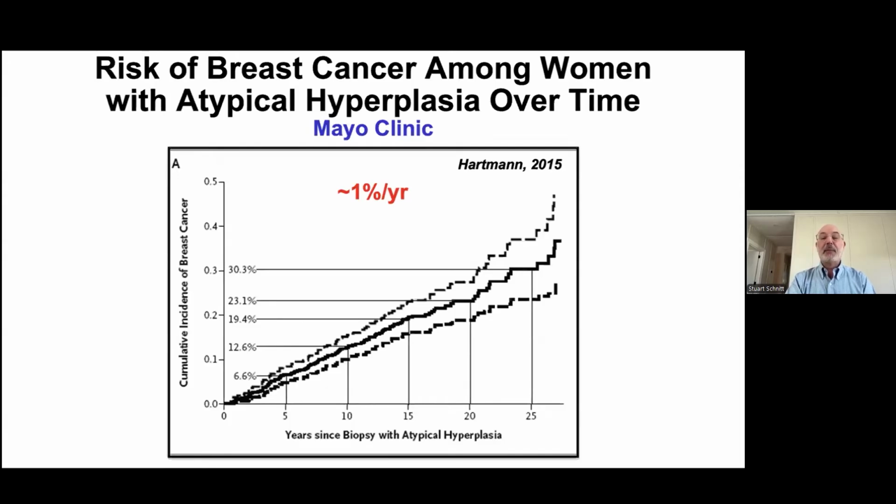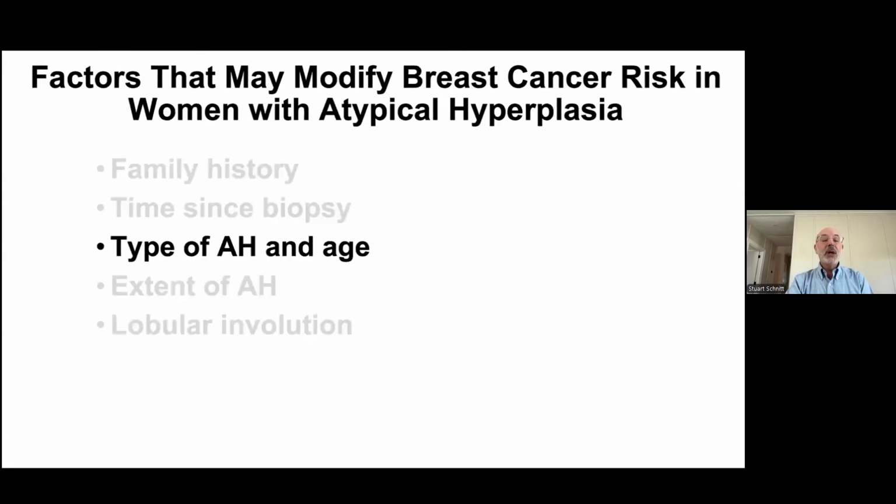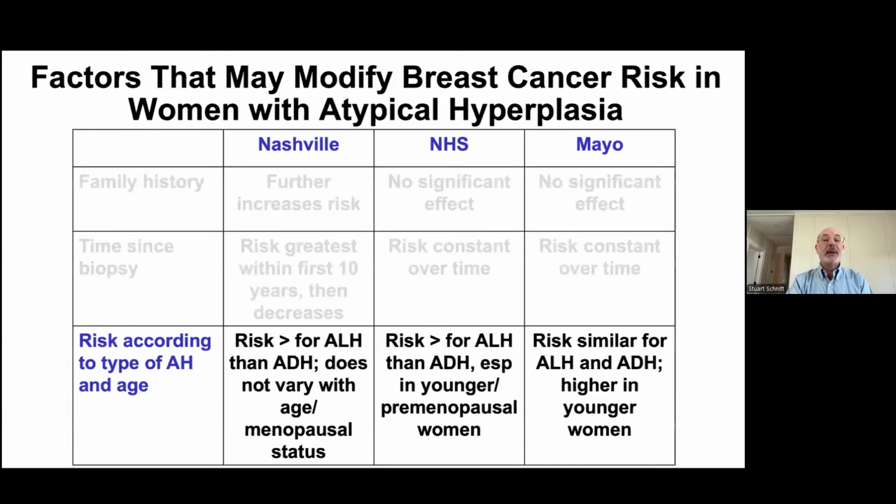What about the type of atypical hyperplasia and the age of the woman? So in the Nashville study, they found that the risk was greater for atypical lobular than atypical ductal hyperplasia, but that this risk did not vary with the age or the menopausal status of the women.